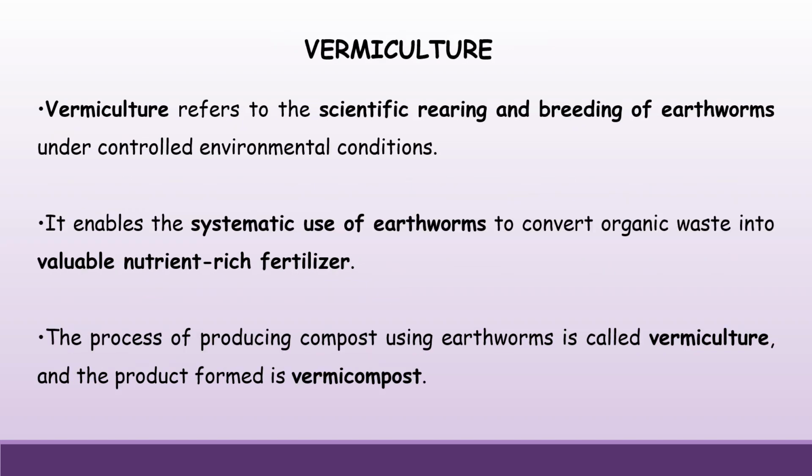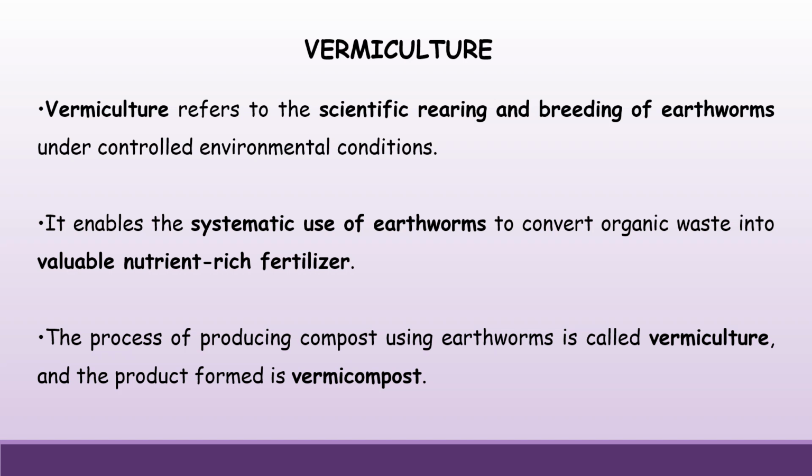So let's talk about this vermiculture technique. Vermiculture refers to the scientific rearing and breeding of earthworms under controlled environmental conditions. In this technique, we are using the systematic use of earthworms to convert organic waste into valuable nutrient-rich fertilizer, which is known as vermicompost.